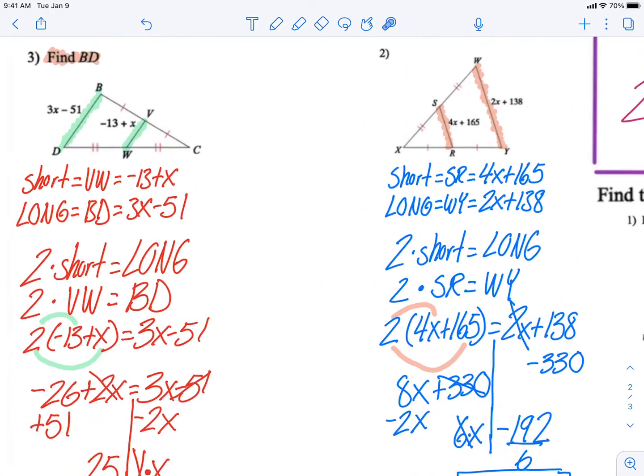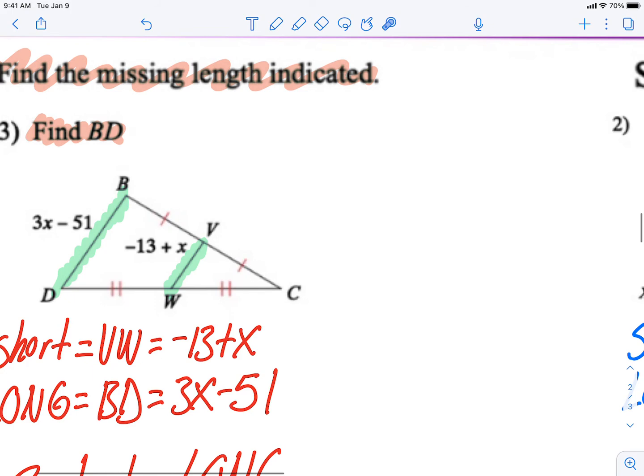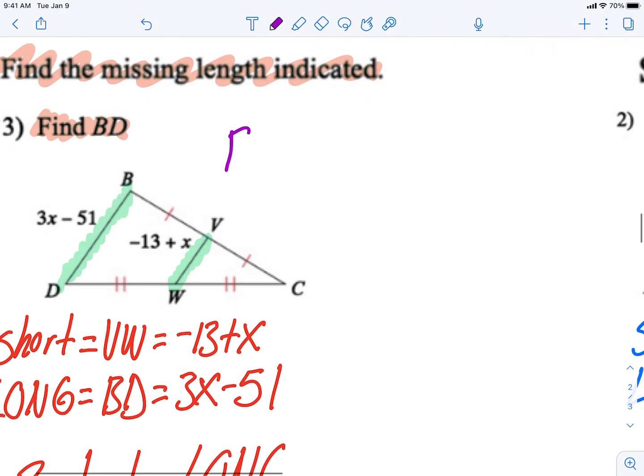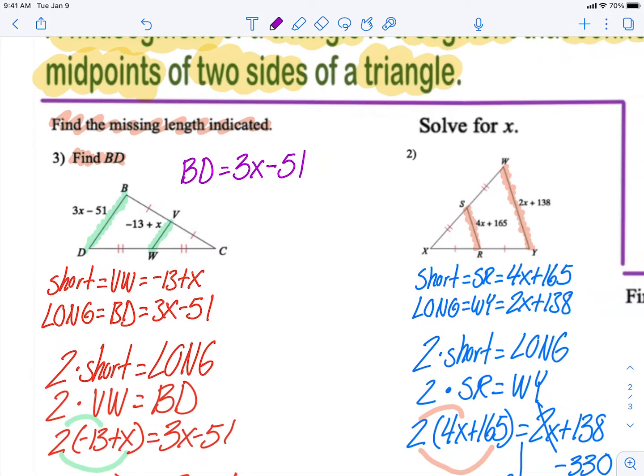Find BD. So let's go all the way back up here and find BD. BD is equal to 3x minus 51. Well, I know what x is.